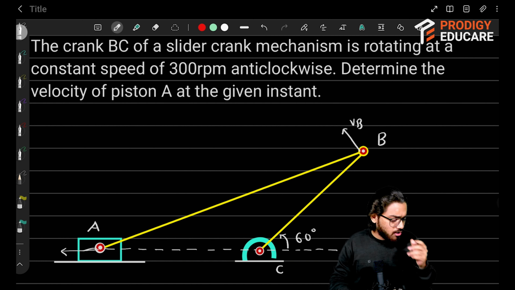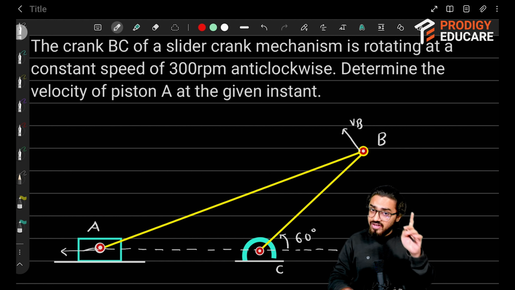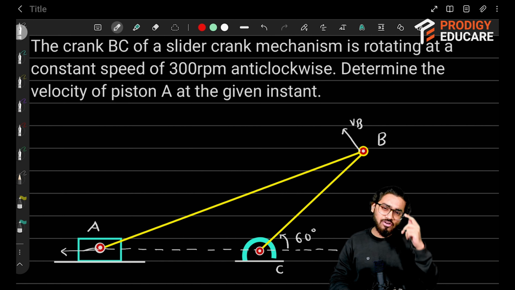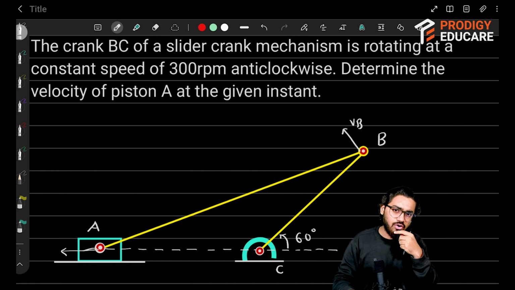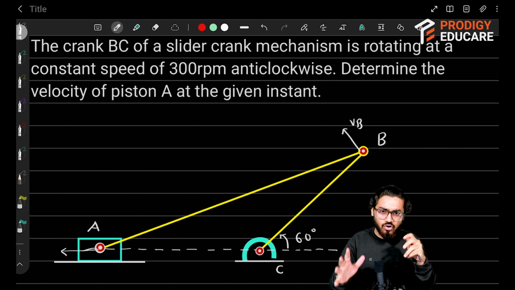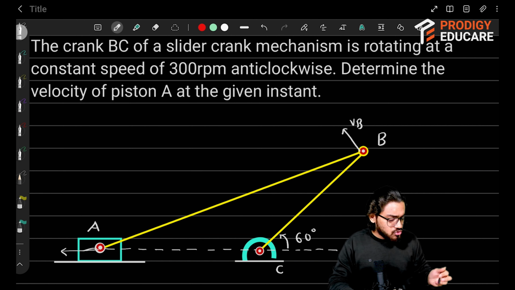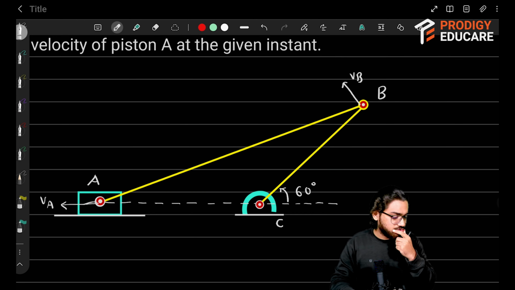But for your rod AB, we know the direction of velocity of B as well as the direction of velocity of A. The magnitude we can evaluate later, but for locating your ICR, we need only the direction of velocity, not the magnitude. So this is the direction of the velocity of A.